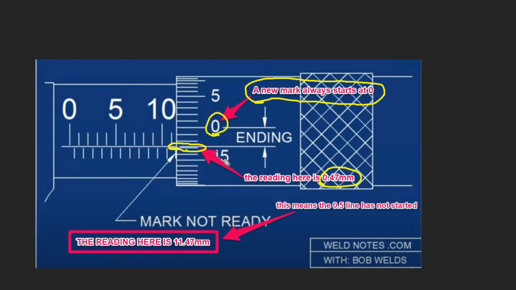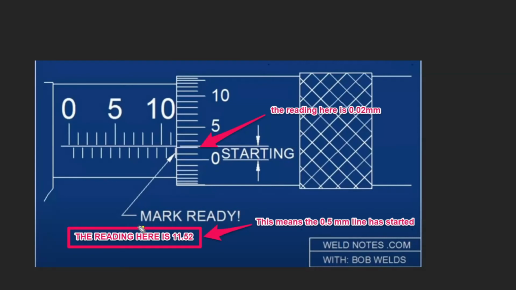I know you can't see it, but this is 0.45 millimeters. So it lines up best at 0.47 millimeters. It's not 0.50 millimeters. That means it has not reached the half millimeter mark yet. So that's how you can tell that the mark is not actually ready. The total reading here would be 11.47 millimeters.